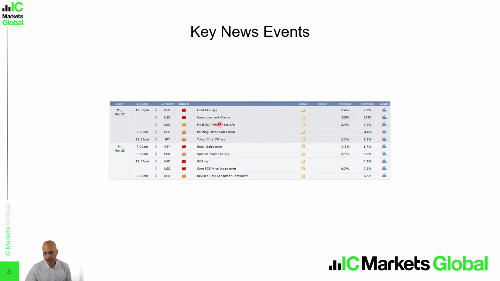And we've got GDP data and core CPI data for Japan. So US GDP data and Tokyo, Japan core CPI data are on Thursday. And finally on Friday, we have retail sales for the UK and GDP data for Canada, as well as the PCE price index. Right, so now with that, let's move on over to the charts and trading view.